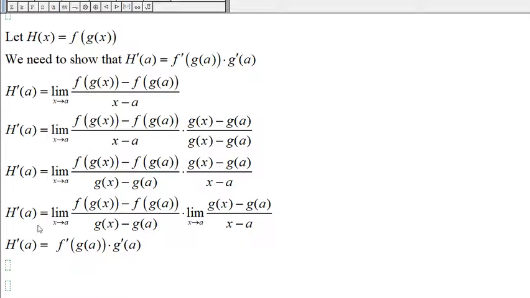And so we have shown that the derivative of h at a is f prime of g of a times g prime of a.